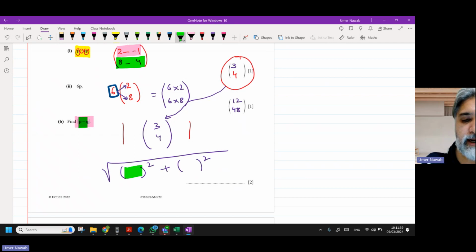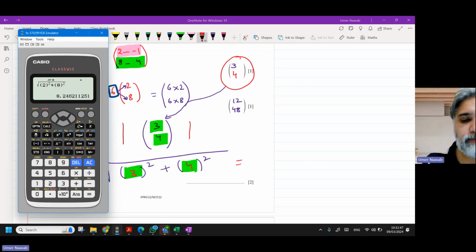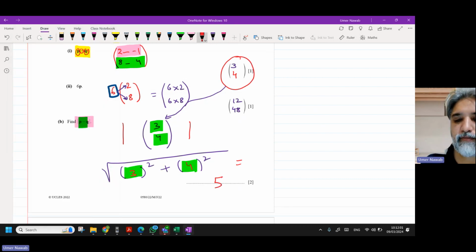So within the brackets, I am going to copy this 3 and 4. In the first bracket, I'm going to write 3, guys, and in the second bracket, I'm going to write 4, and that gives me the answer 5.